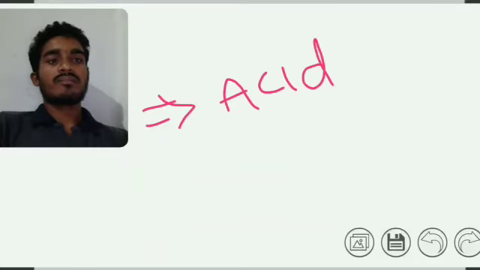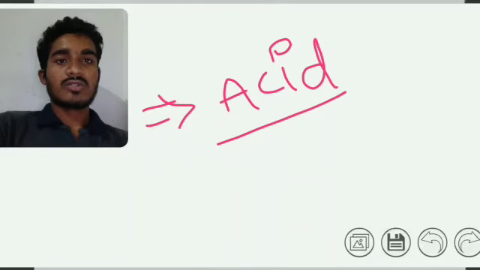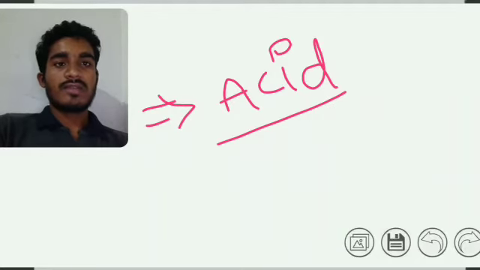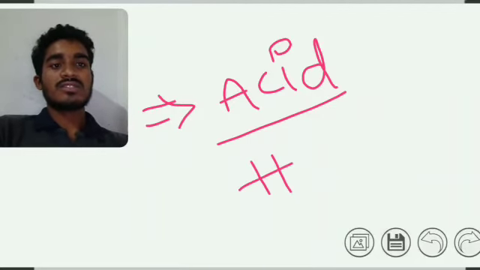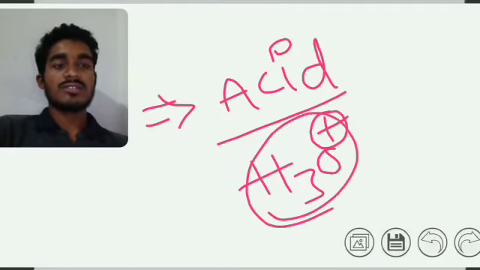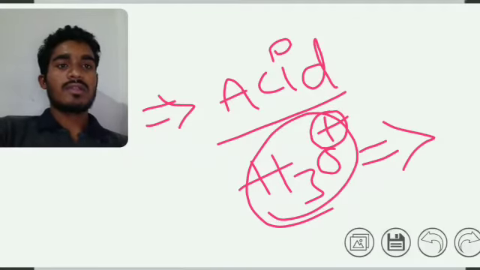Next we see the acid characteristics. Do you know which is the strongest acid and strongest base? When the concentration of hydrogen ions, H3O plus, the hydronium ion, is more, the acid is stronger.